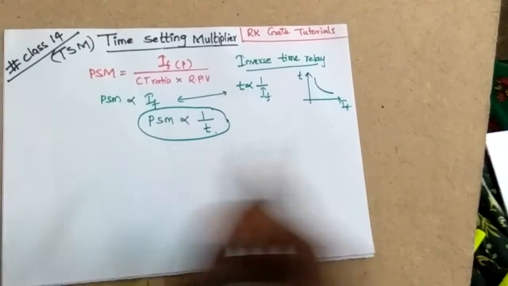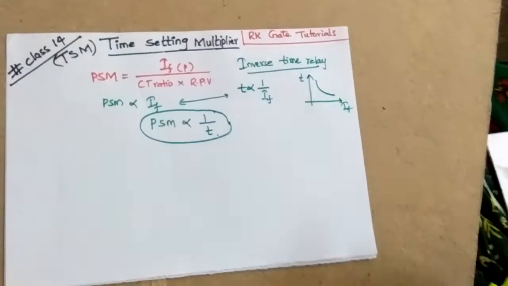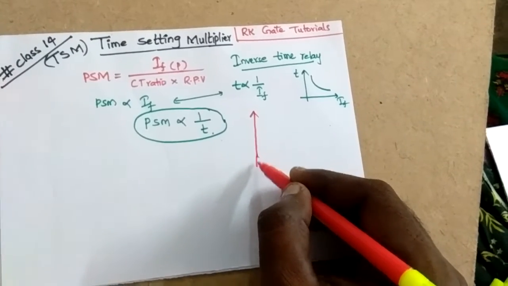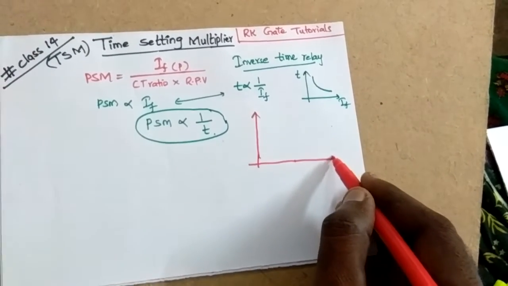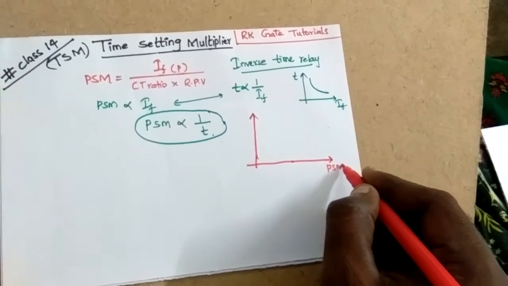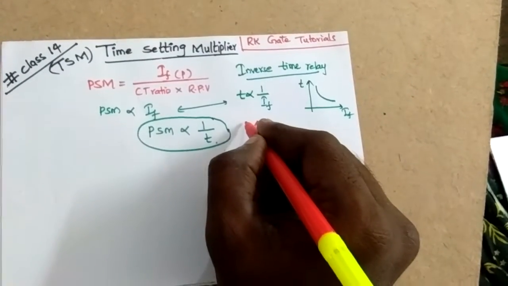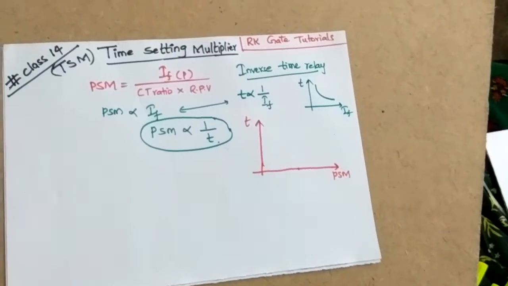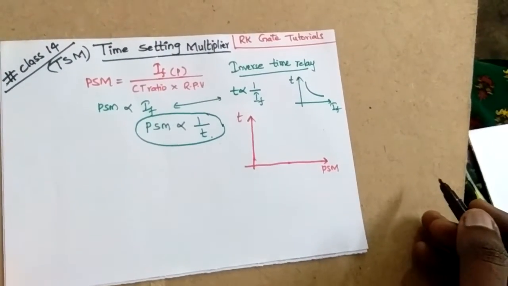Now you can draw the characteristics of these two. Here I am drawing the characteristics for different plug setting multipliers, showing what the times of operation are. On the x-axis we take the plug setting multiplier, and on the y-axis let us take the time of operation.